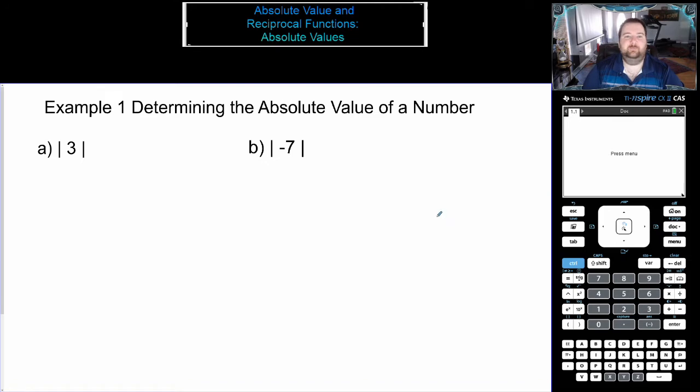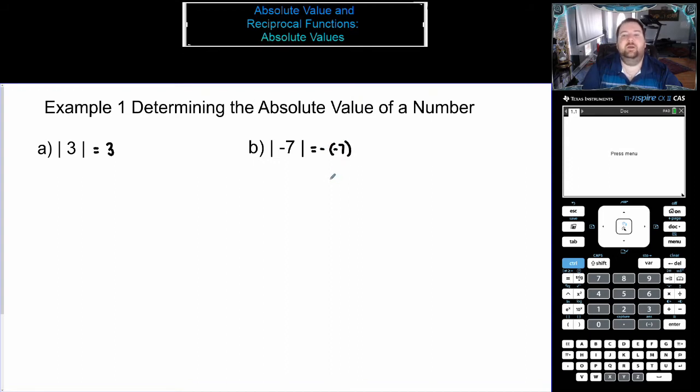Let's try a few. So we're going to determine the absolute value of a number. So the absolute value of 3, well, the absolute value of a positive number is a positive number, so it's just 3. That's it. Absolute value of -7, well, inside my expression here, my number is -7. And so what do I have to do?